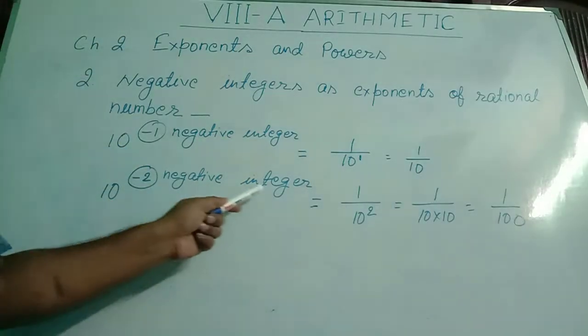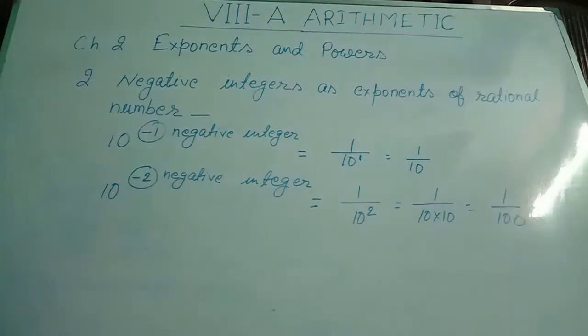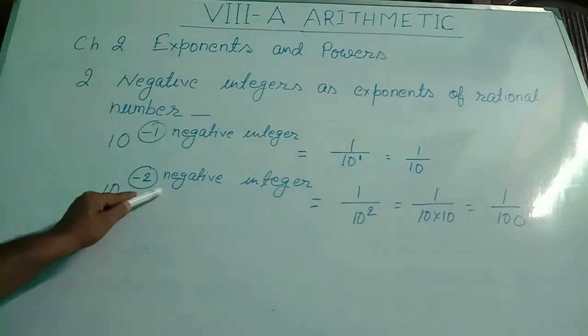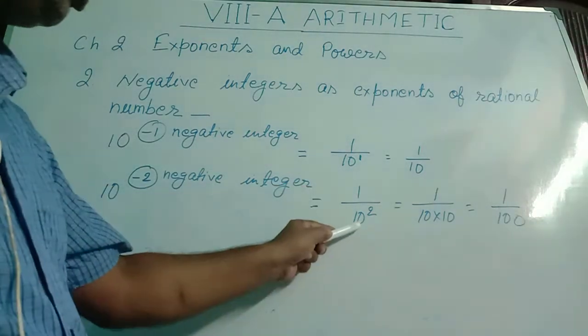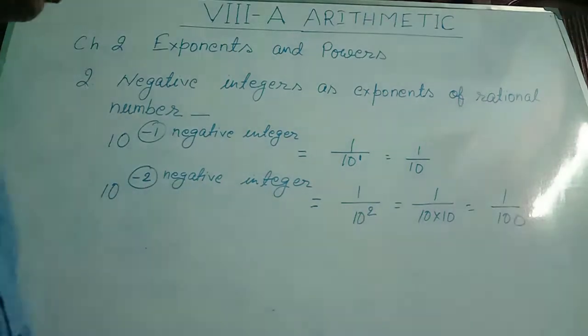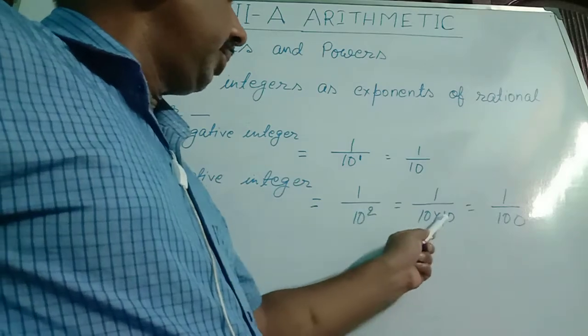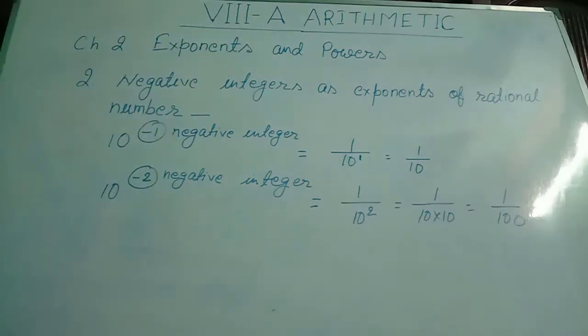Minus 2 is the negative integer. We want to change it into plus 2, so we write the reciprocal of this number. That will be 1 by 10 square. So this minus 2 is changed into plus 2, and we can now write 1 by 10 into 10 equal to 1 by 100.